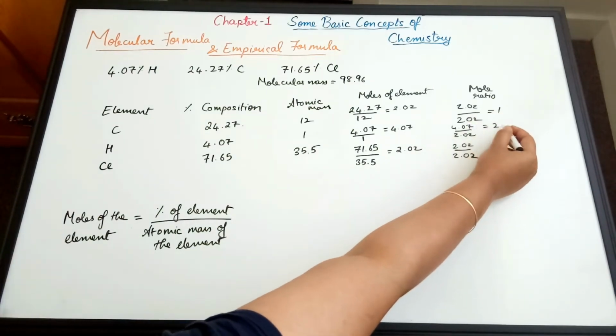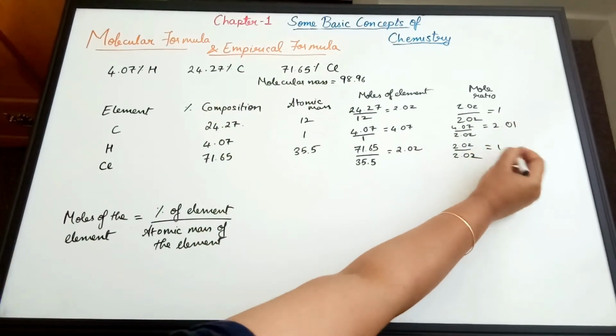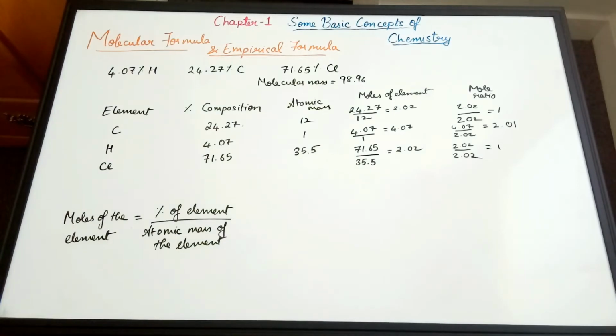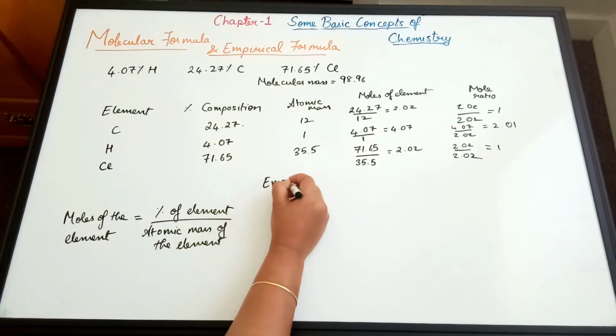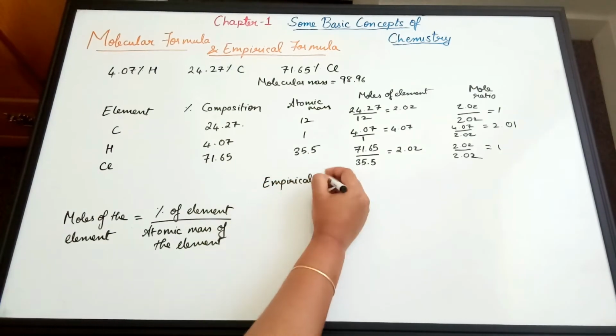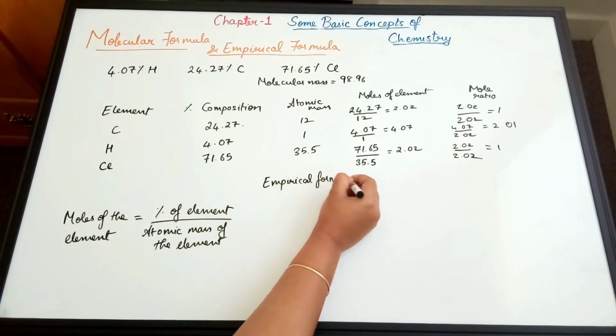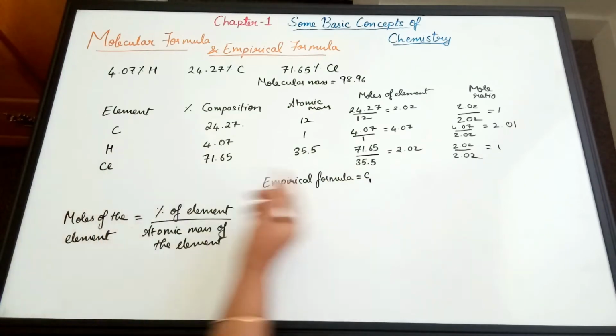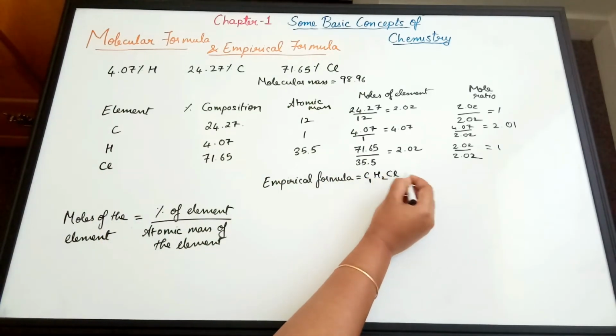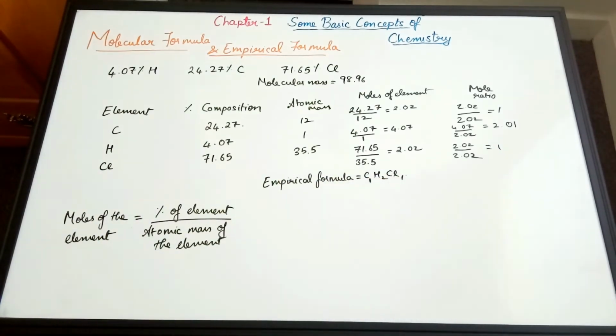Here you will get 2.01. Here you will get 1. And 2.01 can be rounded off to 2. So this mole ratio will give us the empirical formula, which means the empirical formula is equal to C1H2Cl1.